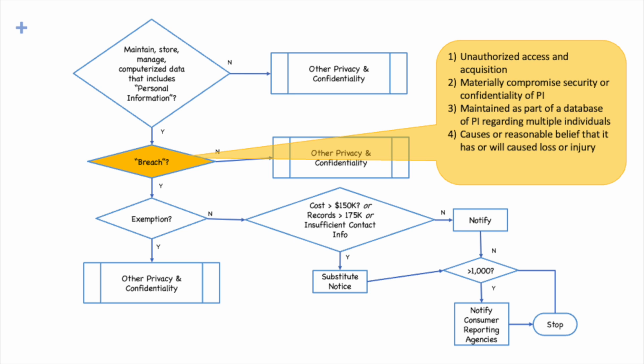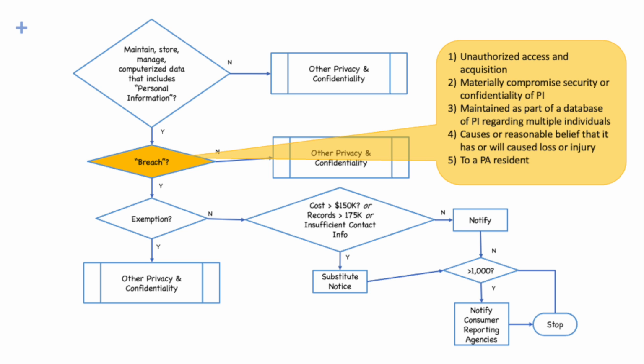Requirement number 3, that the compromised personal information be maintained as part of a database of multiple individuals' personal information, further limits the scope of the Act. Compromise of a single record, say a single email or a text file, which contains or is linked to the personal information of an individual, would presumably not be a breach subject to notification requirements.